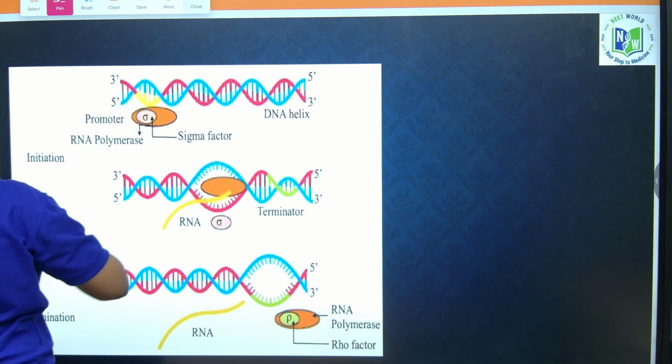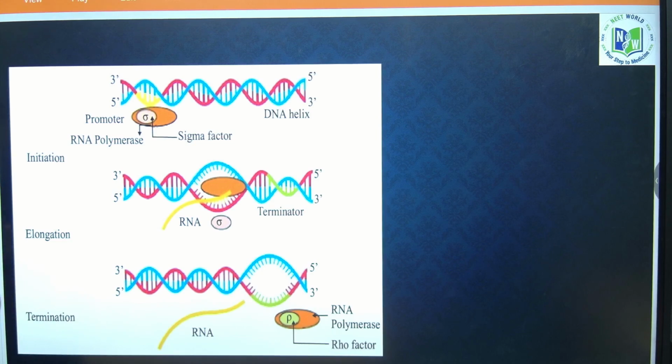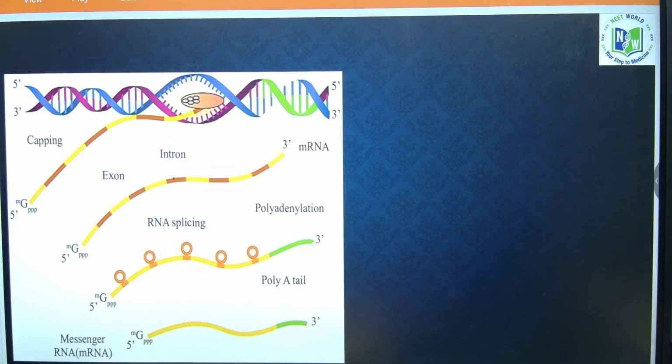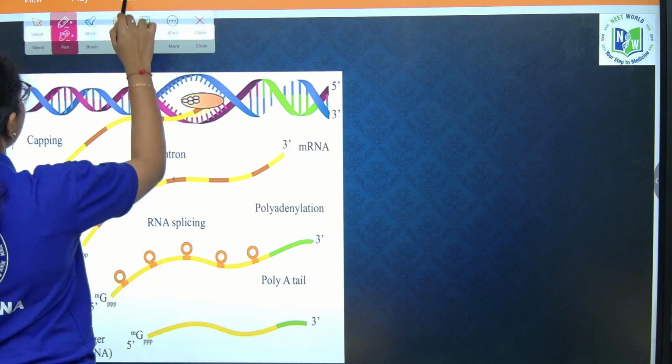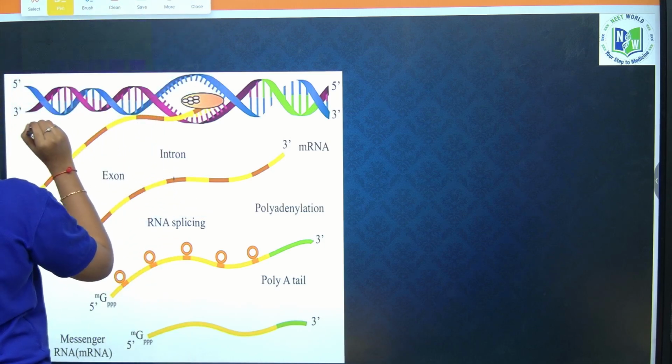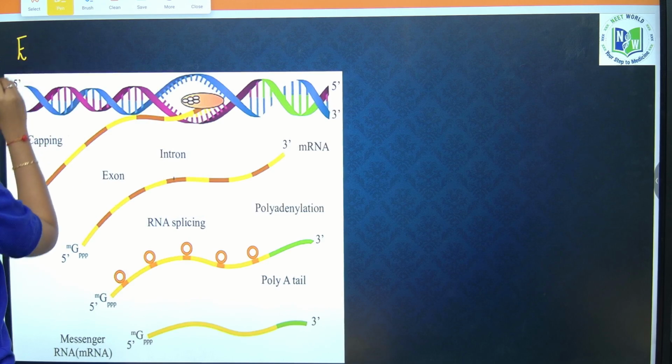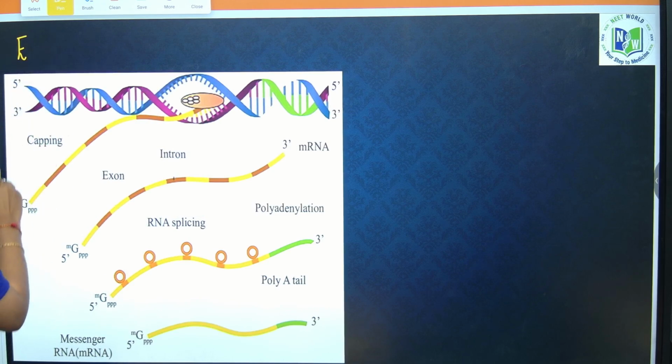If you look into eukaryotic transcription, it is similar to prokaryotic transcription, but post-transcriptional changes happen in a eukaryote and the site of transcription is different. 2 things vary: the site of transcription and post-transcriptional changes.